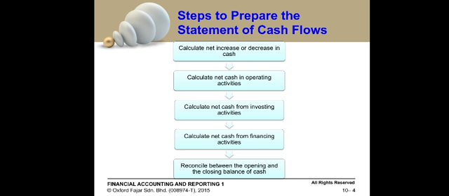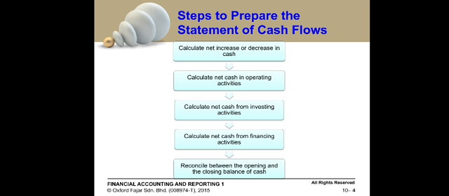A statement of cash flows shows the cash in and cash out that happen in a business. In a financial statement there are five main components. The first one is the income statement.